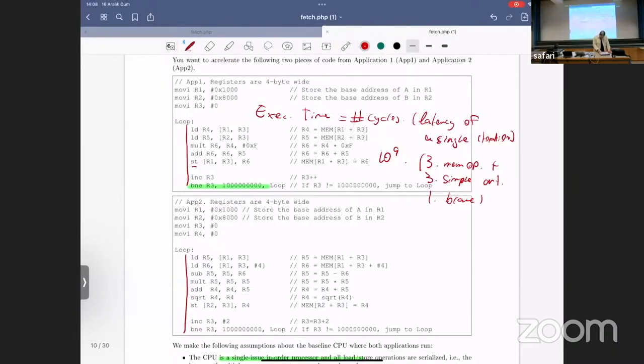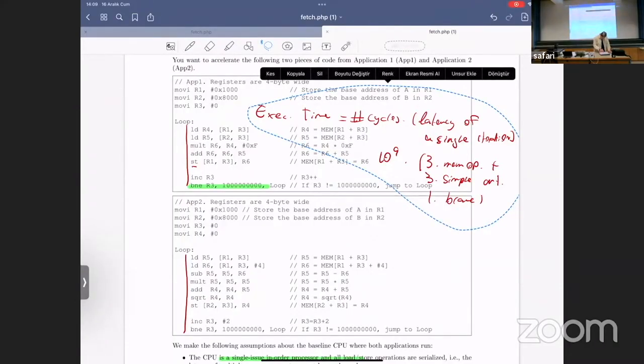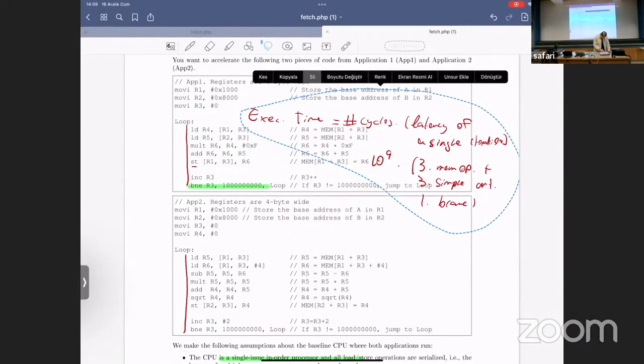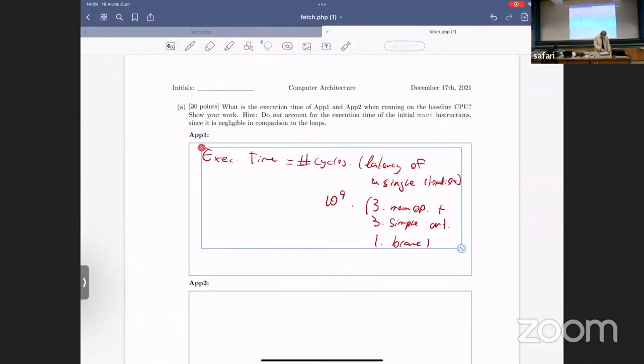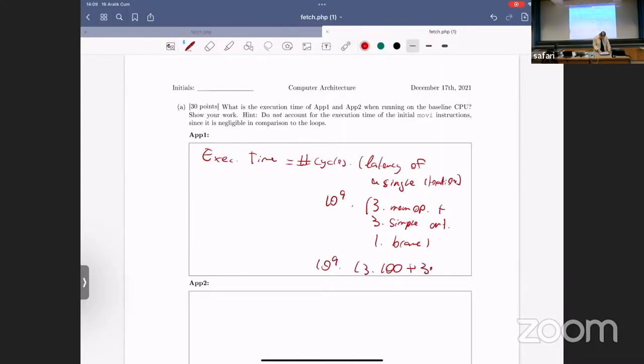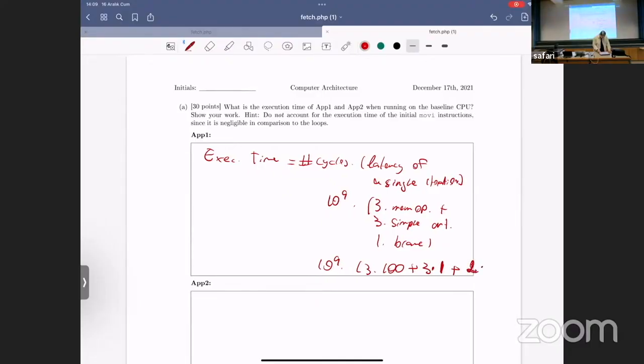So it's going to be 3 times 100, plus 3 times the latency of the other one, which was 1 cycle, 3 times 1, and then the latency of a branch was also 1 cycle, so 1 times 1.